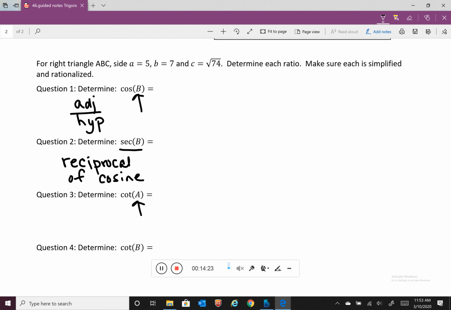Cotan of an angle also looks at the adjacent side as it compares to the opposite side because it's the reciprocal of tan.